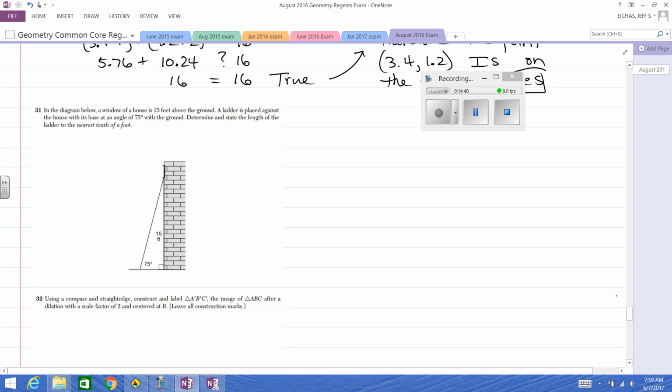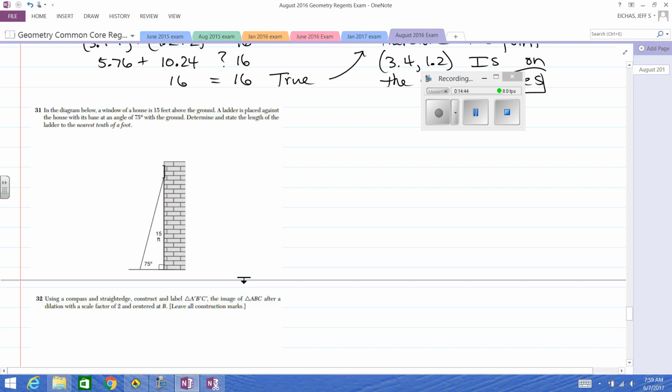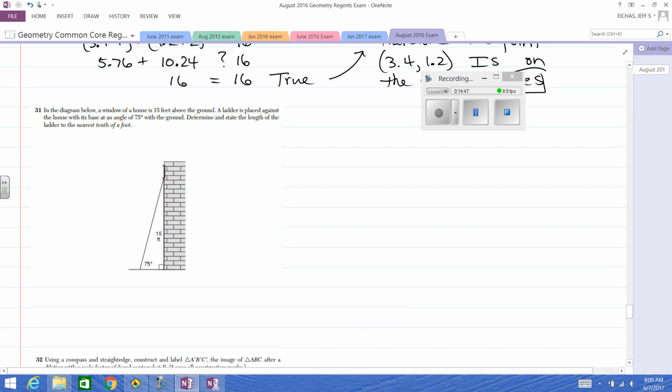All right, this one looks like a basic trig problem, right triangle trig. If you look at the acute angle and the right angle here, we're going to end up using right triangle trig. Now, this is the hypotenuse, so we like to label the sides.